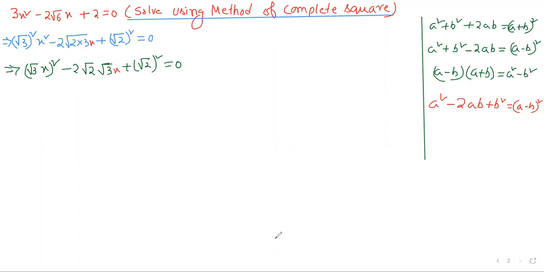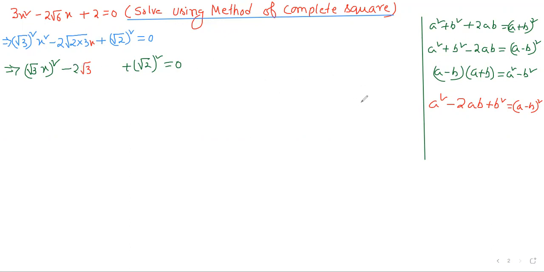Let me write it more clearly. So we can write like this. This x is outside the root. Okay. So you can write it like this: root over 3. Why am I writing root over 3 first?